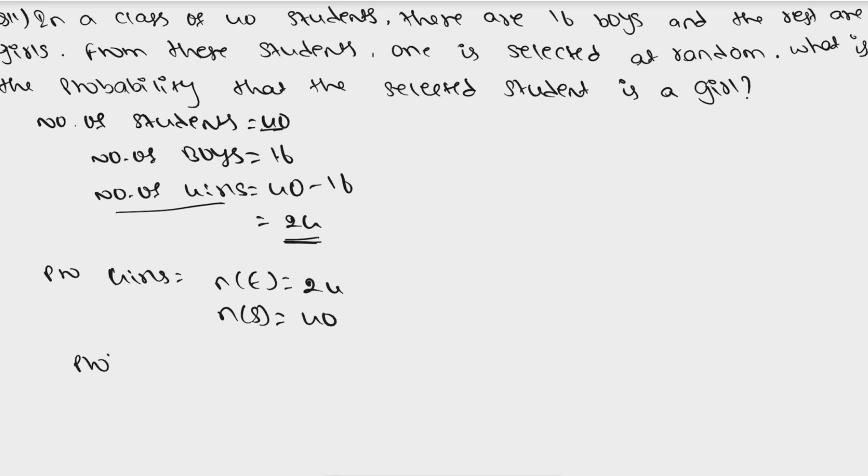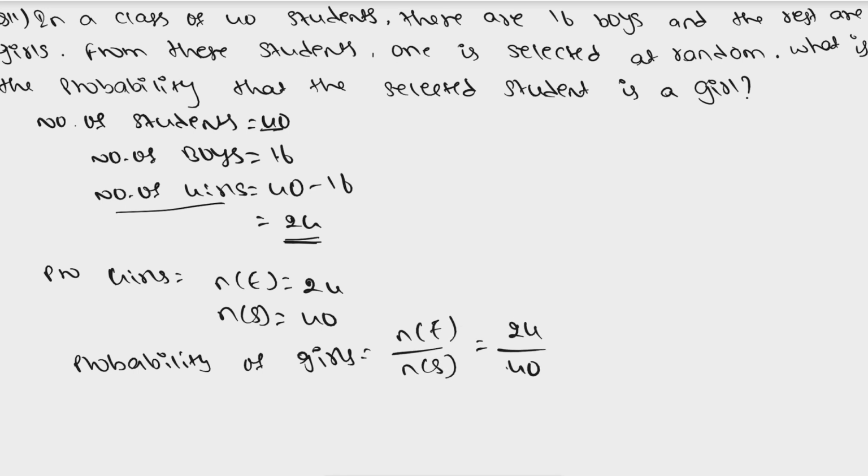The probability of a girl is n of E by n of S, which is 24 by 40. This can be simplified, as we know 8 3s are 24 and 8 5s are 40. So the probability of getting a girl is 3 by 5.